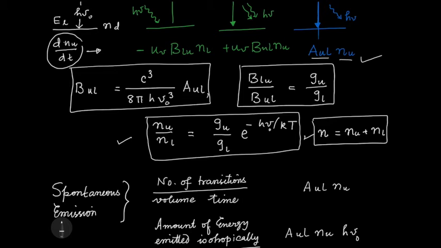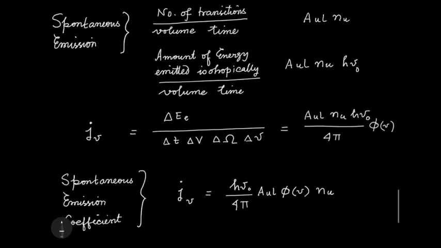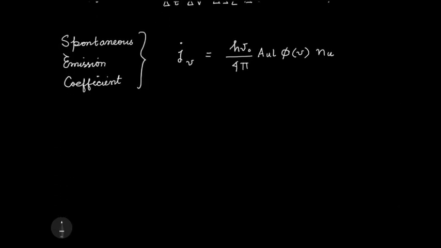And to find that, we need these two equations. So I have two variables, Nu and Nl, and I have two equations on Nu and Nl. So I can solve them and write them in terms of N, essentially, the total number density. If you do that, I am doing it offline, and if you calculate Nu in terms of N, you will see it comes out to be this.